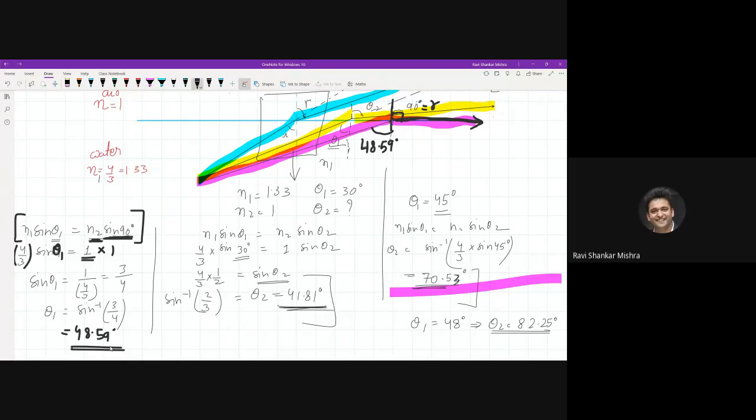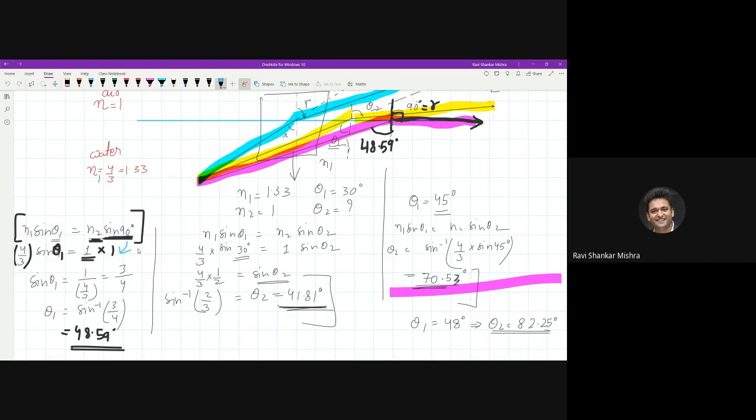Sine 90 is 1, na beta. Acha, okay. Sine 90 is 1. Understood? Means, now this is the point of interest. This particular angle, when the angle of refraction becomes 90 degree, is called critical angle. Likho.